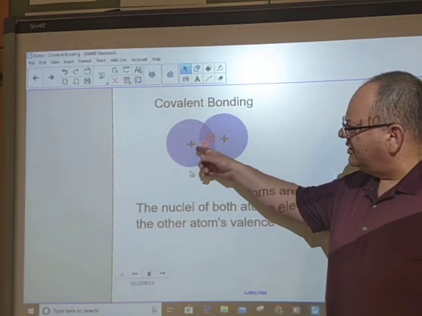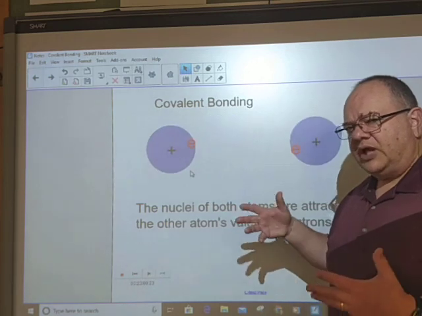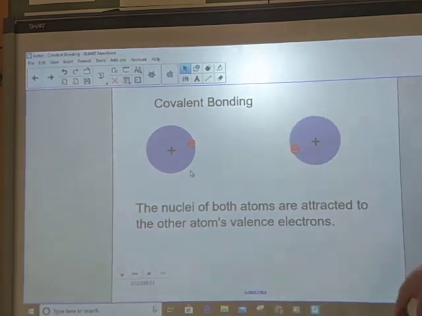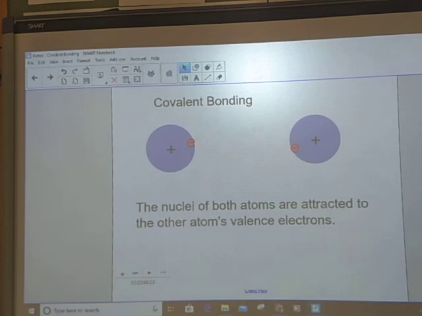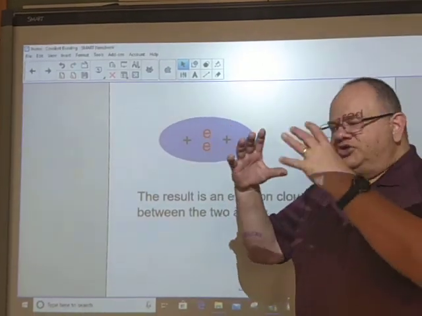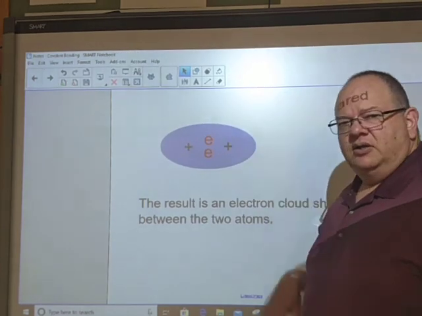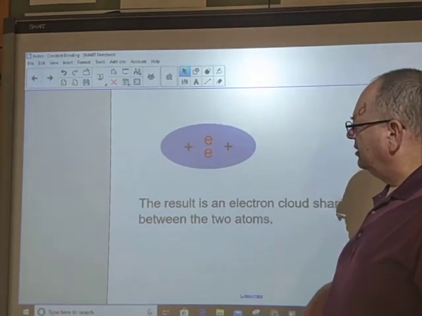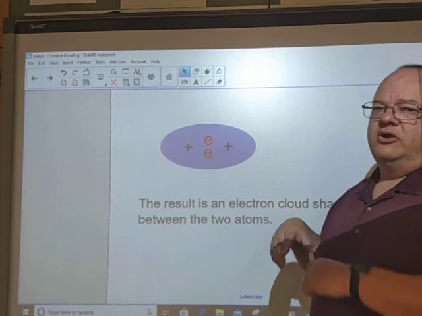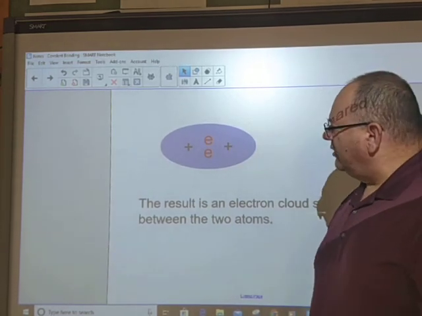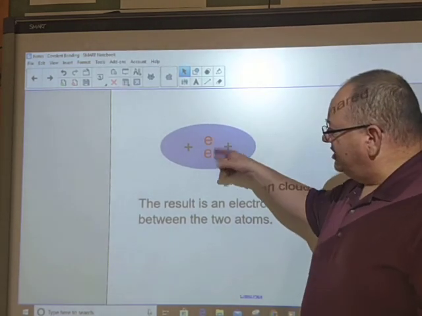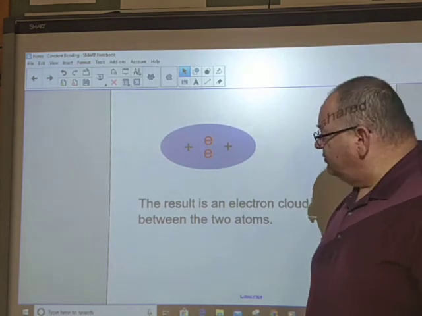And this atom is also closer to 2 electrons now. So they both fill up their valence energy level. And imagine that merging together, and effectively we get a pair of electrons between the 2 nuclei. And the shaded area is kind of trying to represent the shared electron cloud rather than before. But the electrons here are going to spend most of the time in between the 2 atoms.